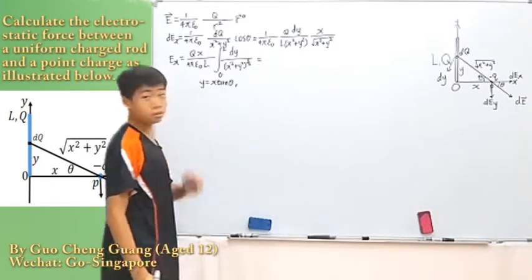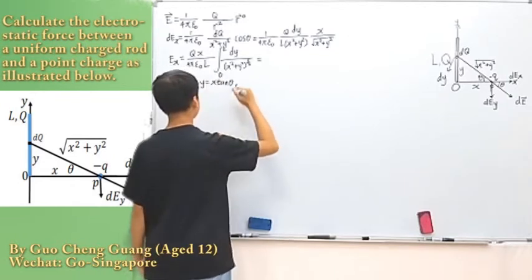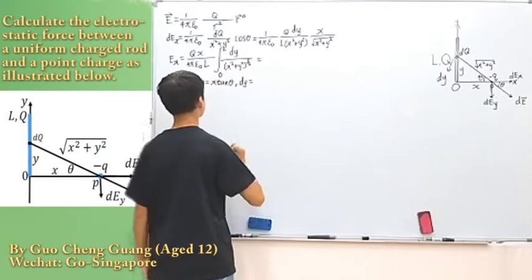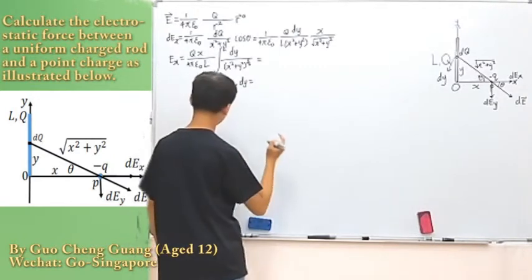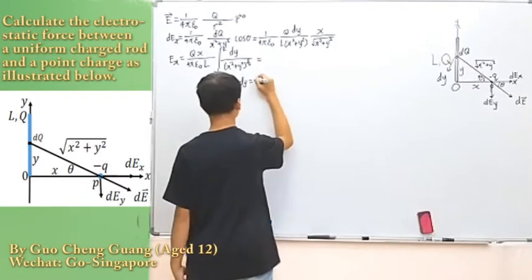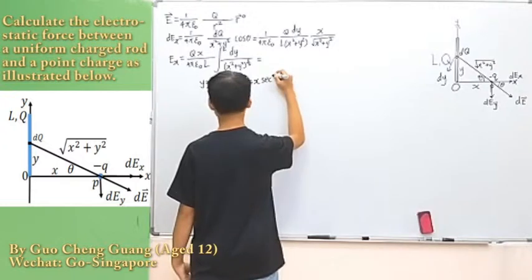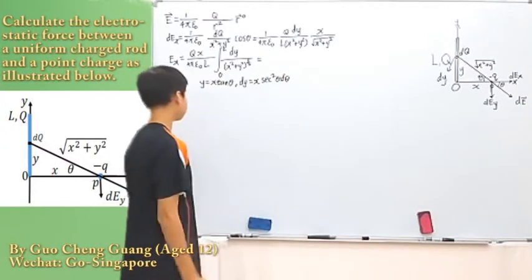So since this part is correct, we can use dy equals, where x will just act as a constant, x secant squared theta d theta.